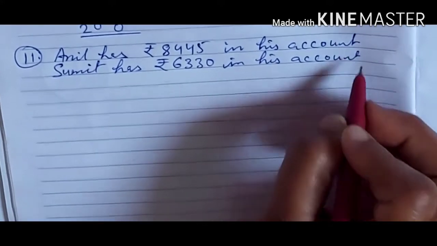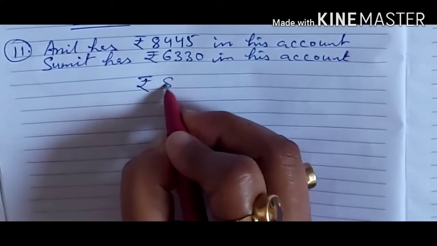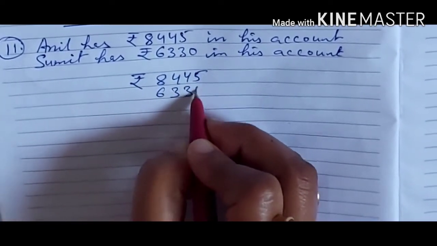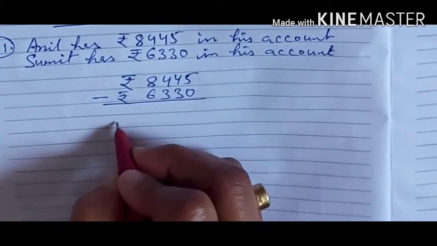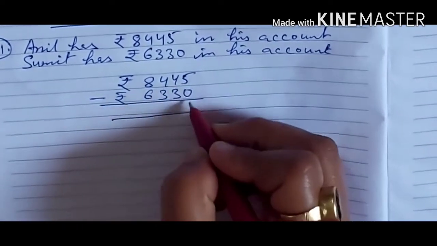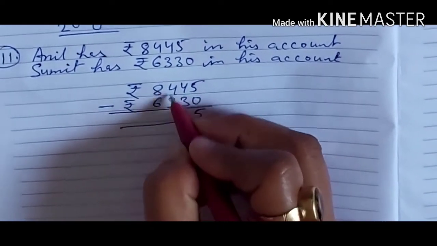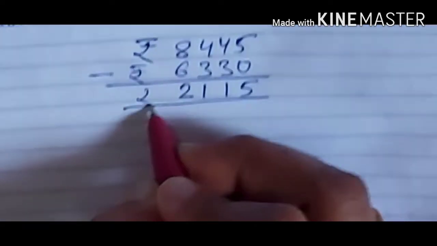So to find the more money, we have to subtract 6,330 rupees from 8,445 rupees. Just subtract this. 5 minus 0 is 5, 4 minus 3 is 1, 4 minus 3 gives you 1 and 8 minus 6 is 2.